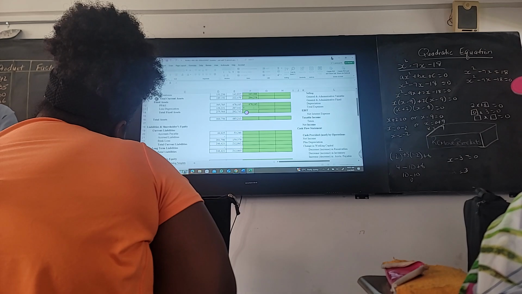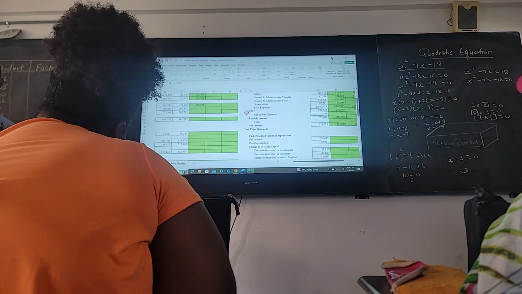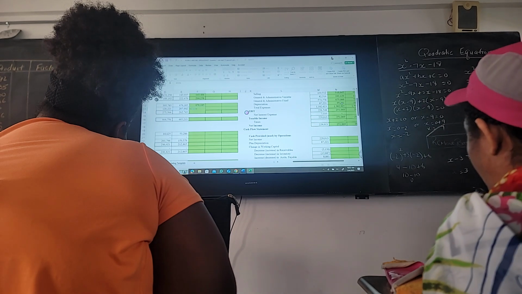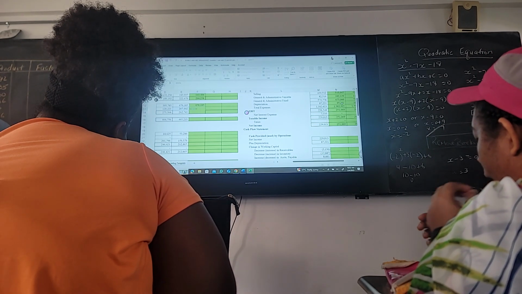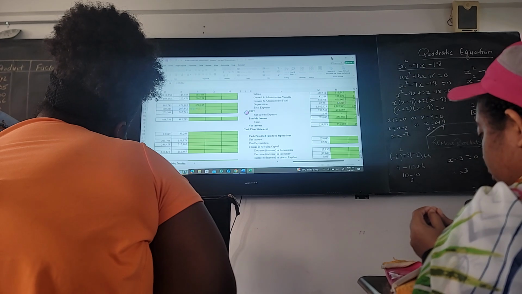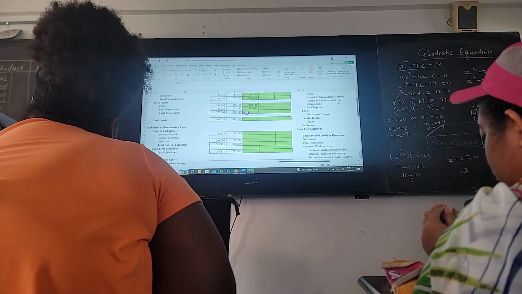Depreciation. That's our accumulated depreciation, so it's last year's plus the expense for this year. Depreciation on the balance sheet is a running total, so you add the expense for the year to the amount from last year.